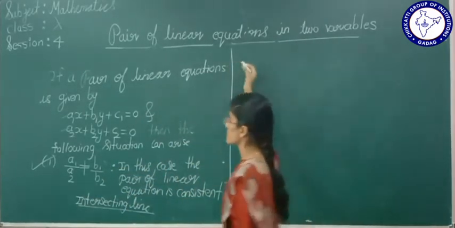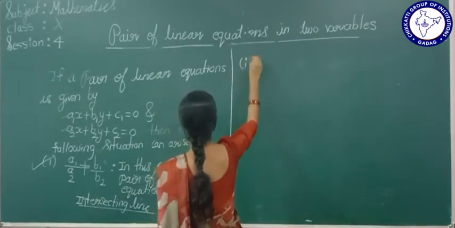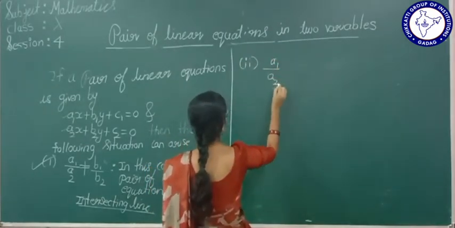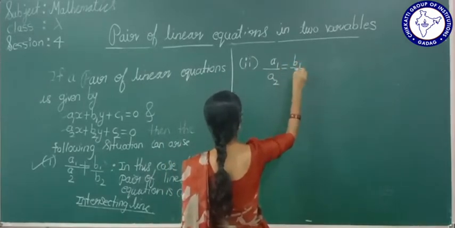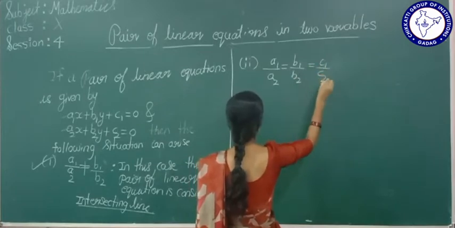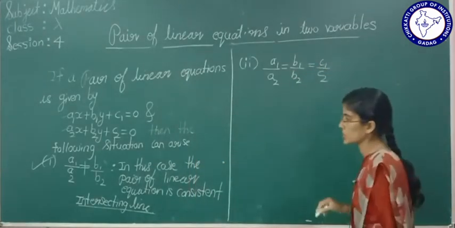Okay, second: a1 by a2 is equal to b1 by b2 is equal to c1 by c2. Suppose you got this condition.